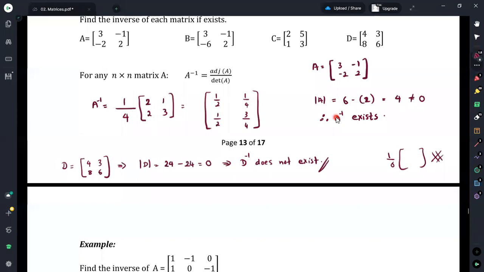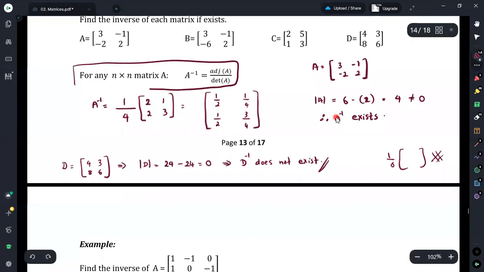Therefore, we can extend this concept to higher order matrices. For any n by n matrix, we can obtain the inverse by using this equation. To obtain the inverse of any higher order matrix, we take the ratio of the adjoint matrix to the determinant of the matrix.